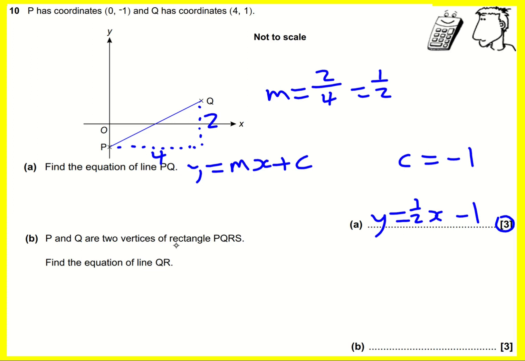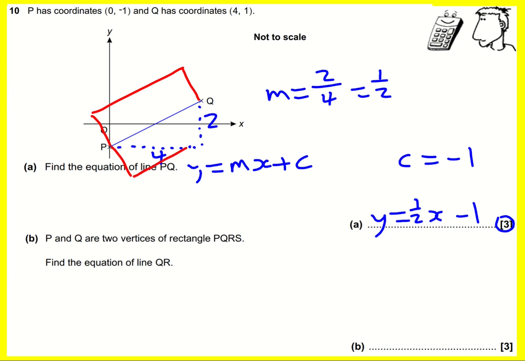P and Q are two vertices of the rectangle PQRS. Find the equation of line QR. All right, we know it's a rectangle, so it's either going to be going up here, or it would be going down here.